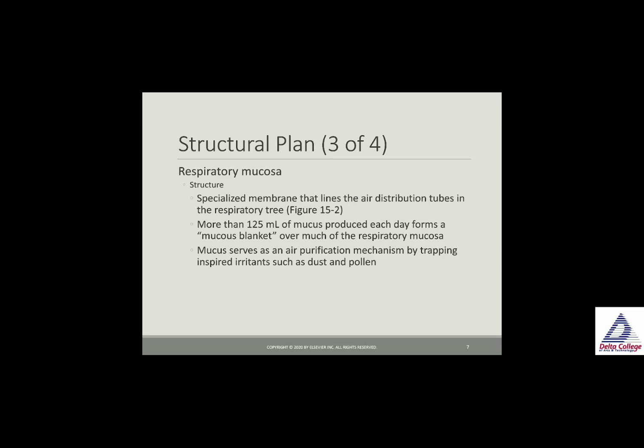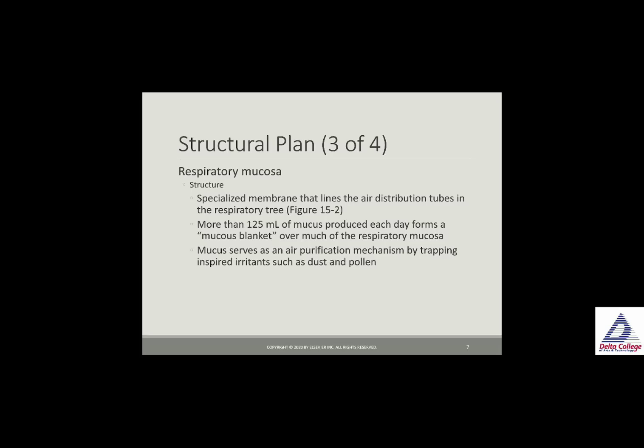This mucus blanket covers most of the ciliated, pseudostratified columnar epithelial lining of the air distribution tubes in the respiratory tree. This mucus traps contaminants as they pass through the respiratory tract and acts as an extremely important purification mechanism.